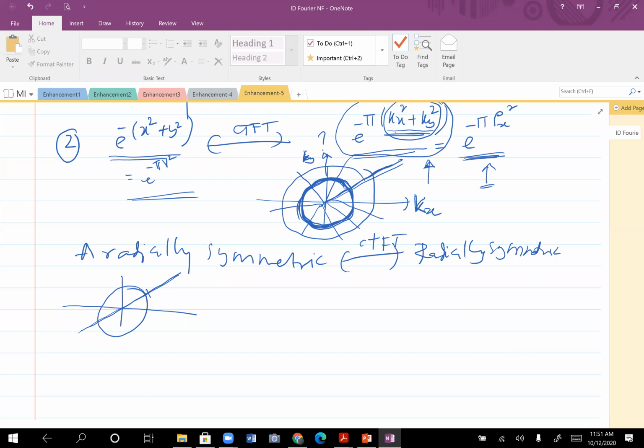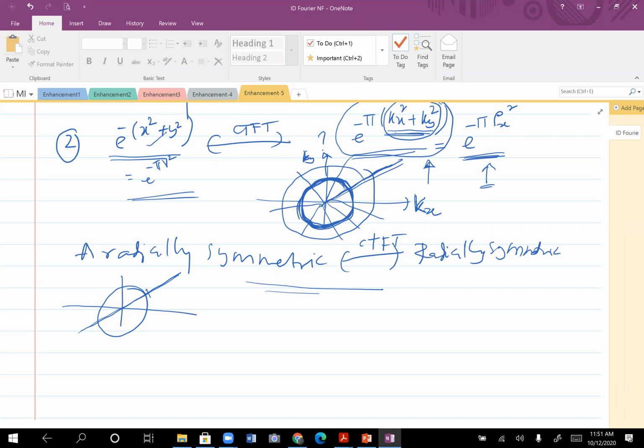Okay, good. So this is another important property. You just pay attention here. It might be a 2D function, but given that it is a radially symmetric function, you could write it in terms of r and theta. Now your variables, instead of x and y, are r and theta.